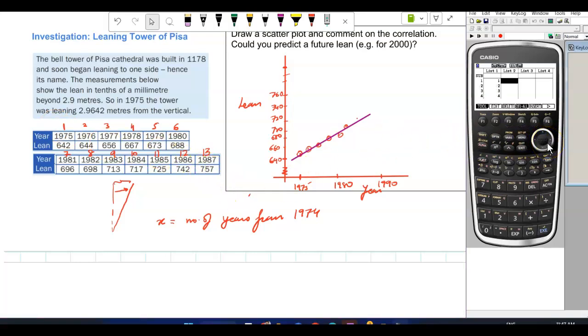Okay, now put the lean angle. 642, 644, 656, 667, 673.